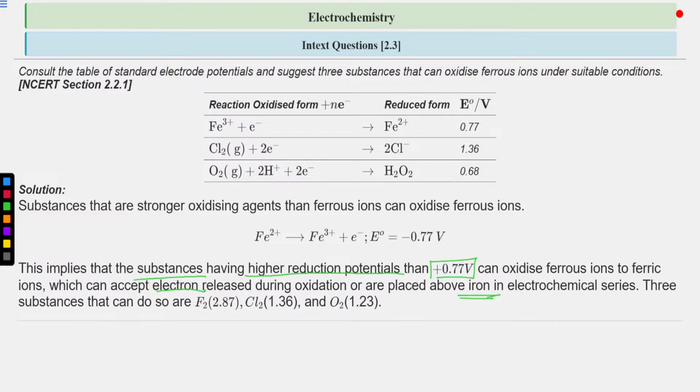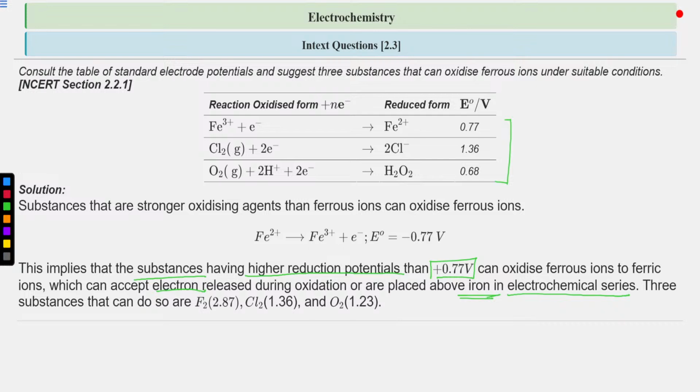So the elements or ions having the E naught value greater than 0.77 volt, which is for this ferrous ion, can oxidize the ferrous ion to ferric ion, and you can determine those ions by looking at this table and also the electrochemical series. Whichever of these 3 ions are placed above the iron in the electrochemical series will be our answer.